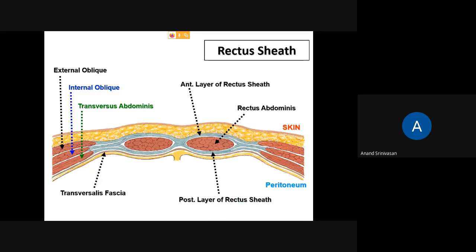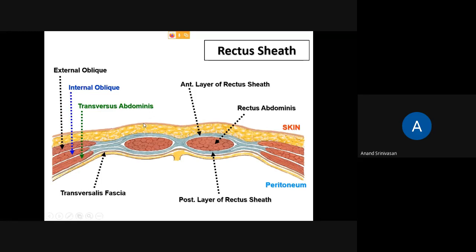All right. So now you know that if I make an incision on the medial side, I will come across skin, superficial fascia, linea alba, fascia transversalis, and peritoneum. If I make a lateral incision: skin, superficial fascia, external oblique, internal oblique, transverse abdominis, fascia transversalis, peritoneum.